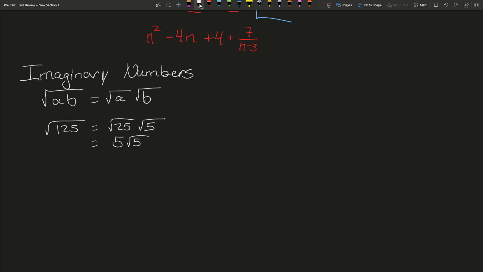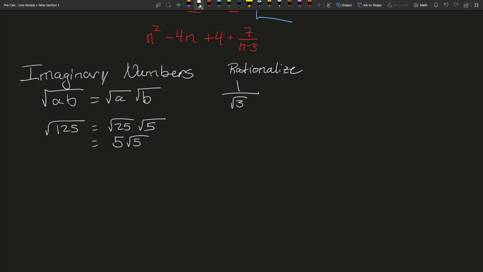Now, in order to have a rational fraction, there can be no radicals in the denominator. So let's say you have something like 1 over square root of 3, and we want to rationalize that.